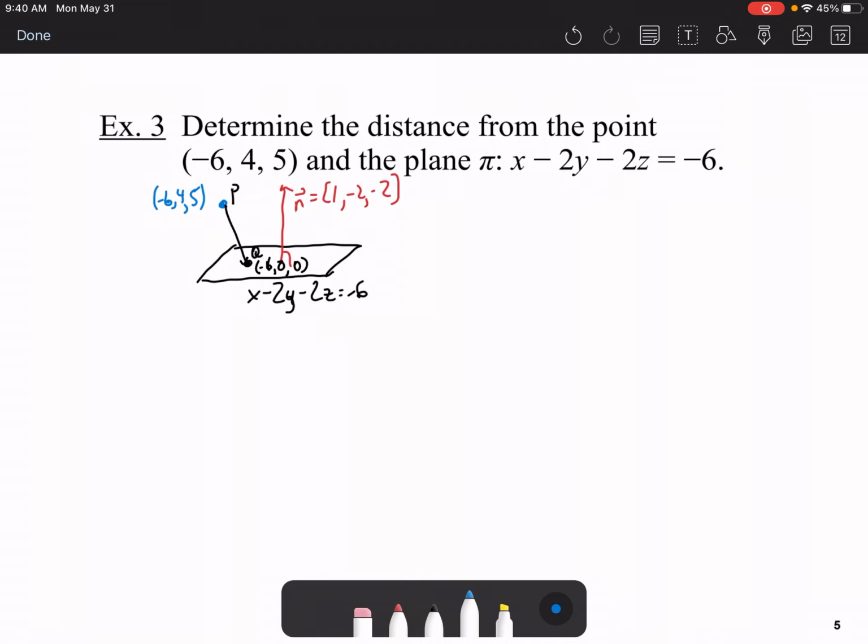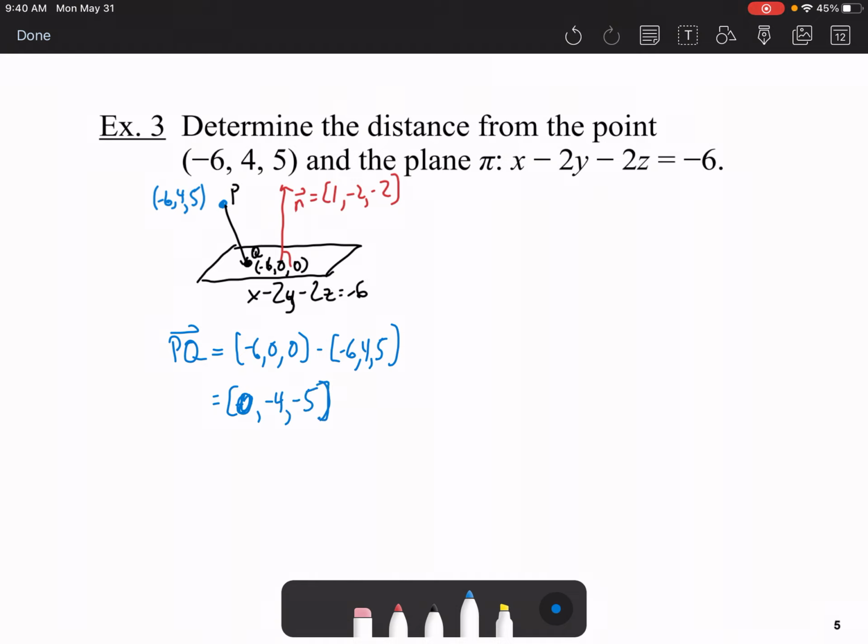Okay, so I have to figure out my vector PQ first. Oops, 0, negative 4, negative 5.